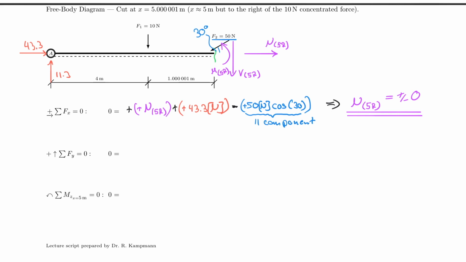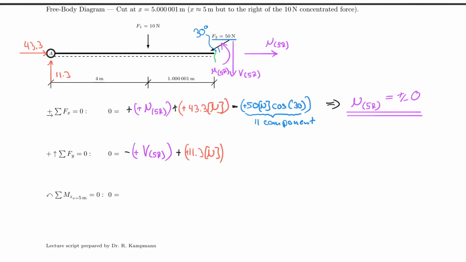All right, let's move on to the shear force. Again, I start with my unknown, so plus V of 5 on the right side, which is pointing downwards, therefore it's negative. And let me reiterate that this comes from here, so the black negative comes from here, whereas this positive comes from reading an arrow properly in a sketch. All right, now I bring in my 11.3, so 11.3 Newton, and that has also a sense, and that is by definition positive, but it's pointing upwards, therefore it's also positive.